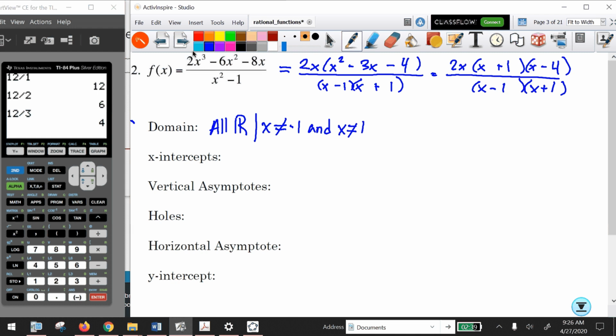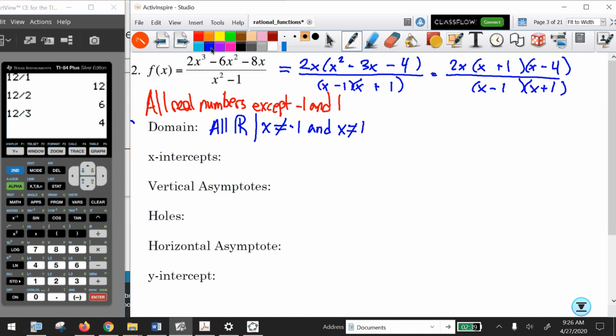So you could literally just write that out. All real numbers except -1 and +1. That's our domain.